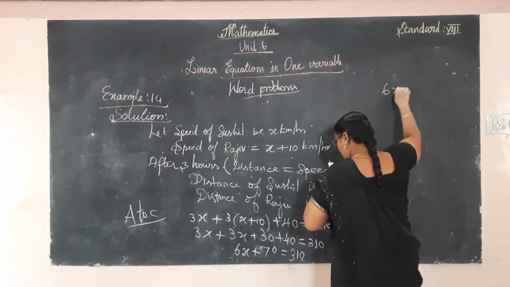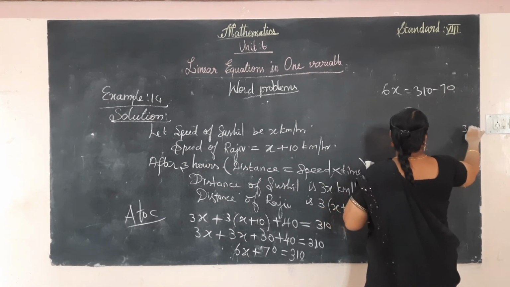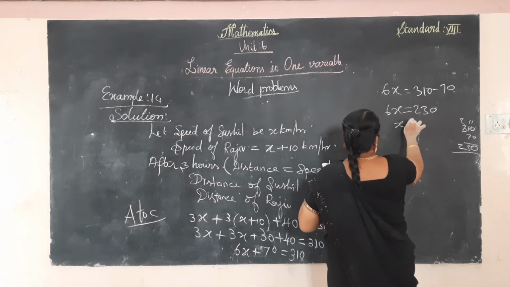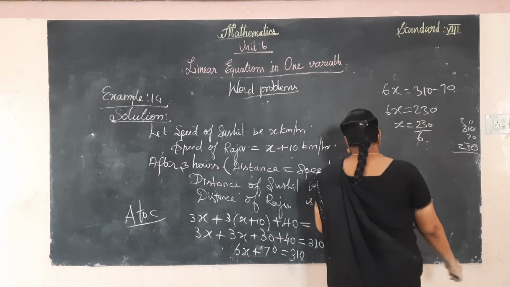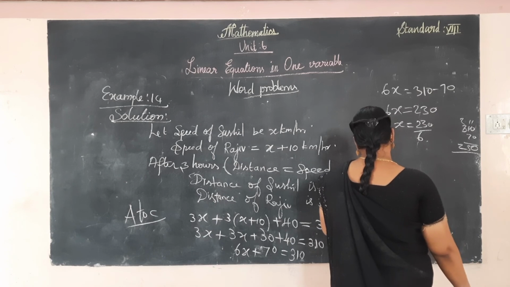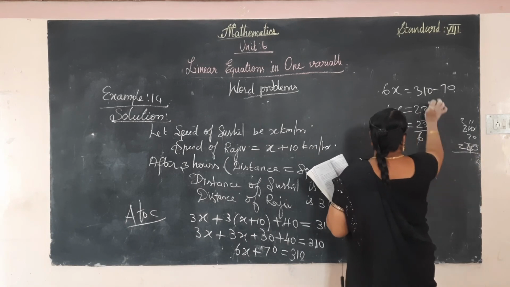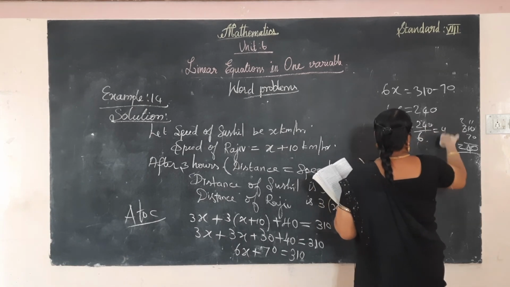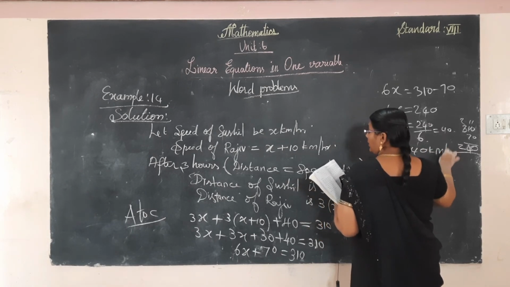So 6x is equal to 310 minus 70, which is 240. So 240 by 6, x equal to 40 kilometer per hour.